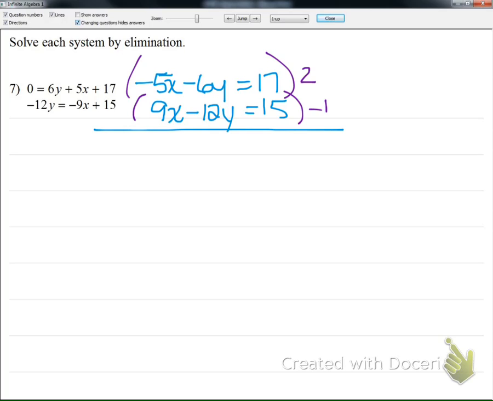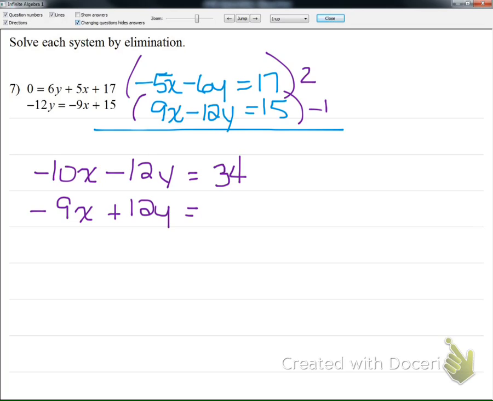So I'm going to do that and show you what I get. -10x minus 12y is equal to 34. The bottom equation I'm multiplying by -1, so I just change all the signs. -9x plus 12y is equal to -15.